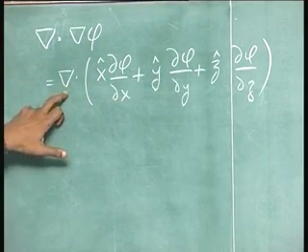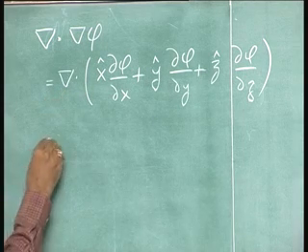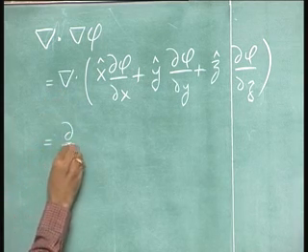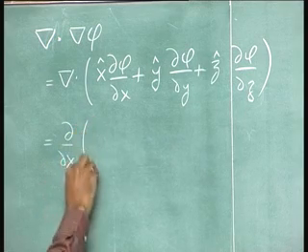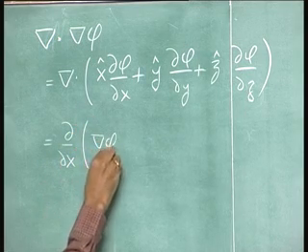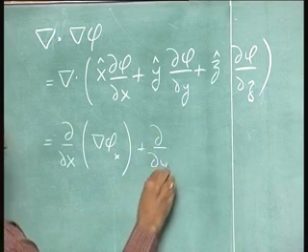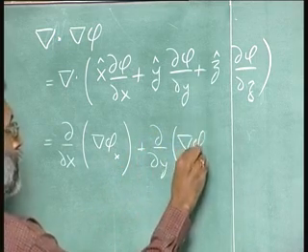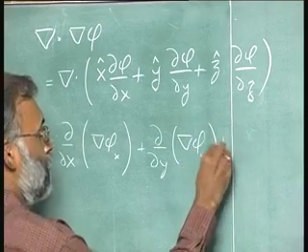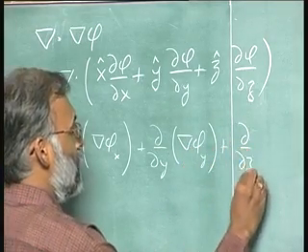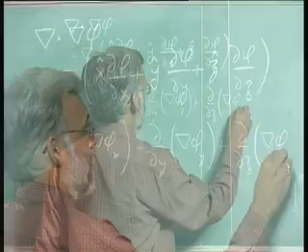If I take its divergence, what does it mean? It means del x of gradient phi along x plus del y of gradient phi along y plus del z of gradient phi along z.